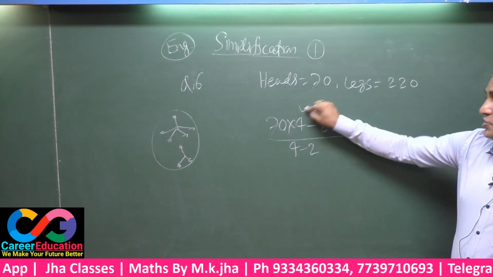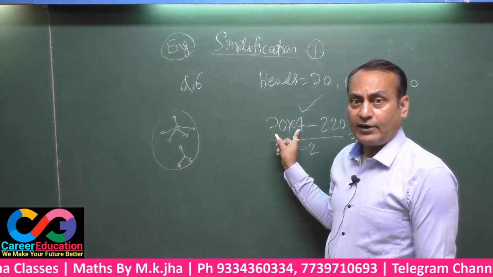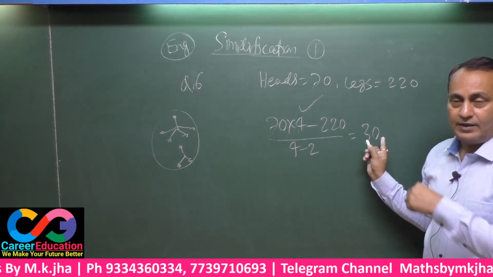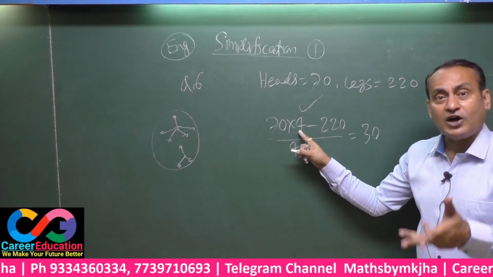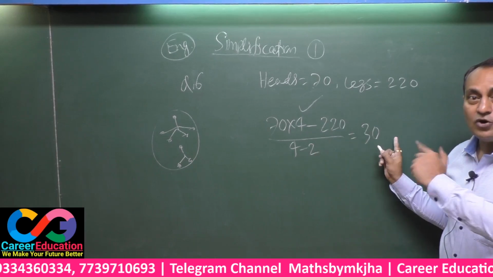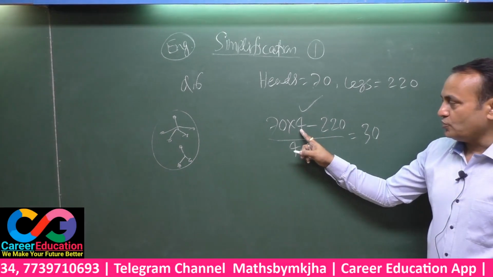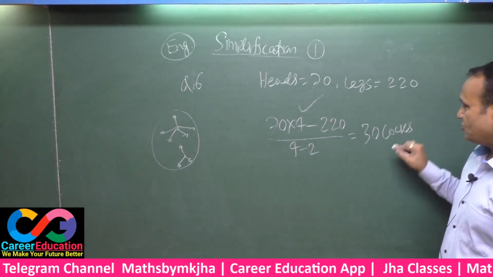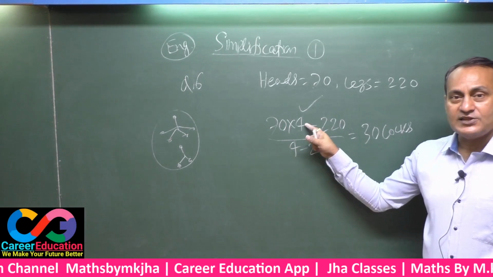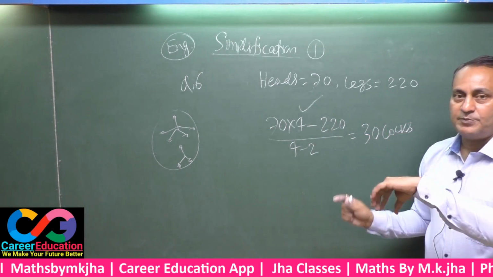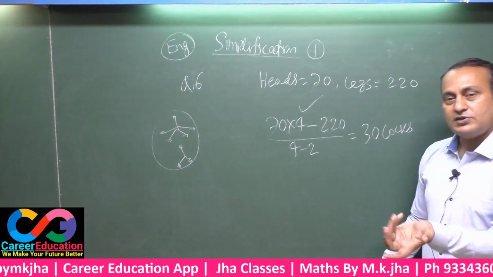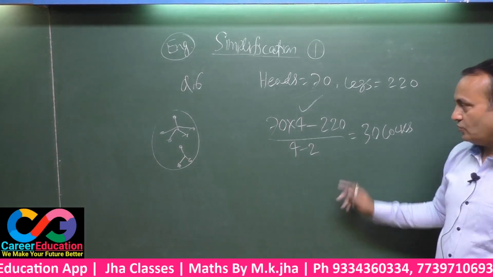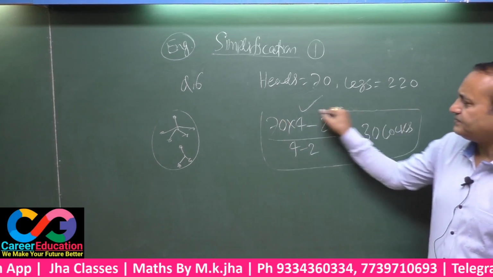Since you supposed in the beginning all are cows in that group, you will be getting the answer for cocks. If you suppose all are cocks, the answer will be of cows. Note down, this is your final trick.